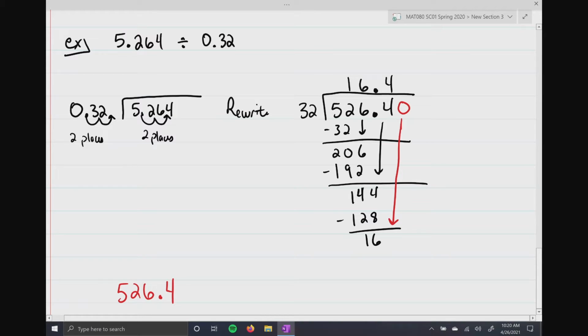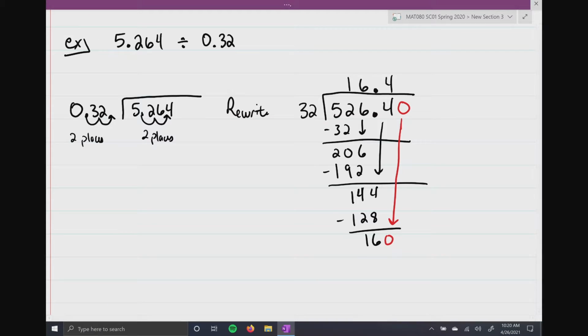Even though this is the number that we're dividing into, theoretically, I could put an infinite amount of zeros off to the right, and it's still the same exact number. So what we're going to do is add a 0 and drop it down, okay?